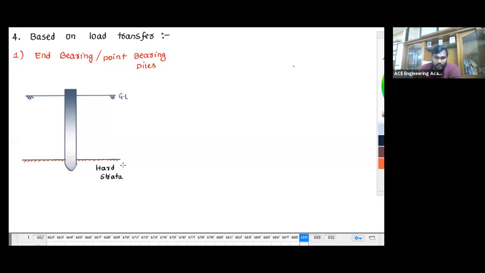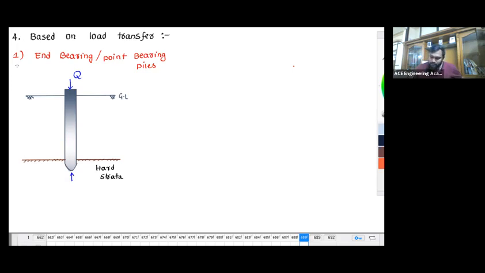Whatever load I apply will be taken by whom? The pile. And if this pile is resting on a hard strata located at a reasonable depth, the entire resistance of this pile depends upon the point or end bearing resistance from the soil at the pile tip.